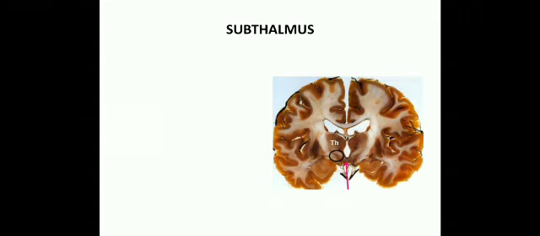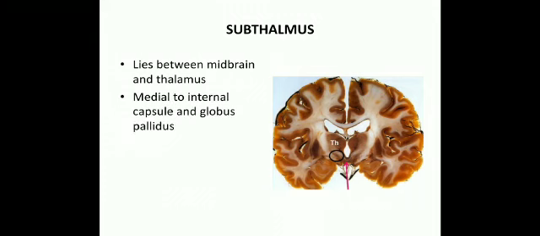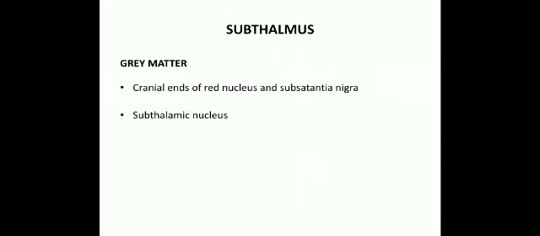Now, the subthalamus: it lies between the midbrain and the thalamus, medial to the internal capsule and globus pallidus. It consists of grey matter and white matter. The grey matter includes the cranial ends of the red nucleus and substantia nigra, the subthalamic nucleus, and the zona incerta.